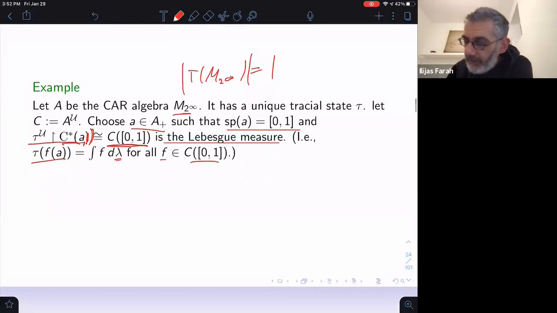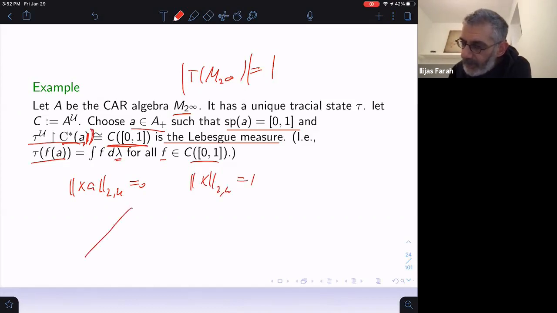Now, what if you want to prove that that type is consistent? Well, look, if xa in 2-norm is equal to 0, and you want x to be of large norm, what happens here? Well, here is a. a is the identity function.